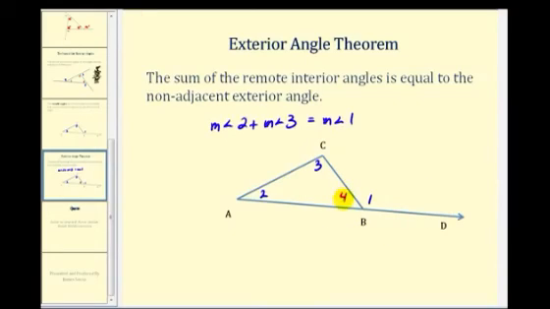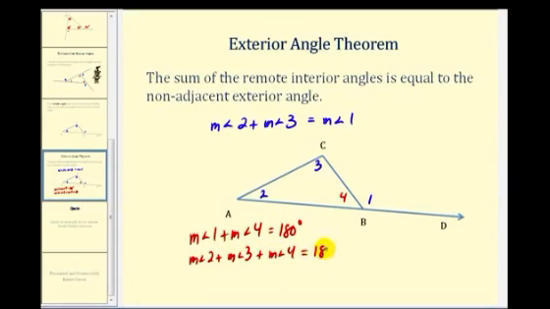If we call this angle 4, so the measure of angle 1 plus the measure of angle 4 equals 180 degrees. We also know the sum of the interior angles is 180 degrees. So we know that the measure of angle 2 plus the measure of angle 3 plus the measure of angle 4 equals 180 degrees.